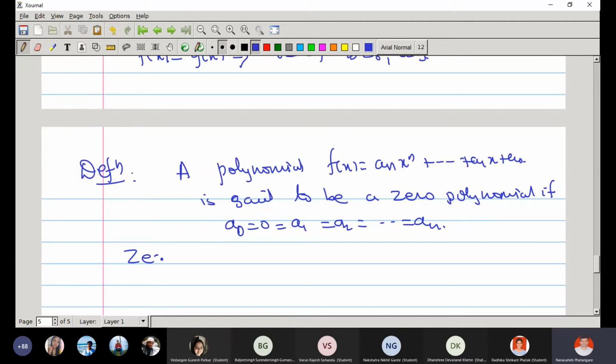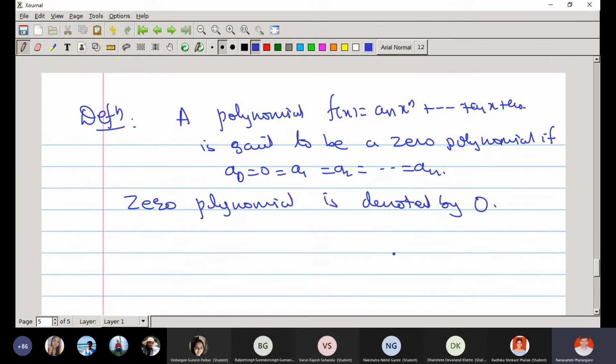So the zero polynomial is denoted by 0. The zero polynomial is also denoted by 0, but it is a polynomial, because the real number 0 and the polynomial 0 are different.